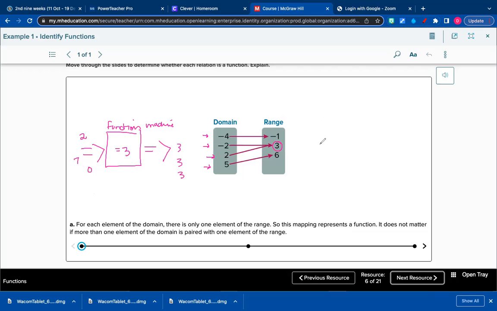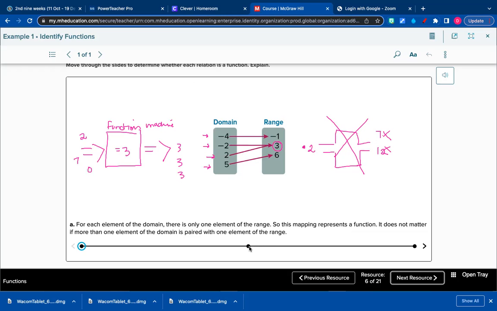Now, here's my function machine, right? Okay, that's a better function machine. And say I put a 2 in and it goes through the function and I get a 7 and a 12 coming out, that's not a function. Okay, that's not a function. To be a function, every element in the domain is paired with exactly one element in the range, not two different things, only one. Okay, all right.